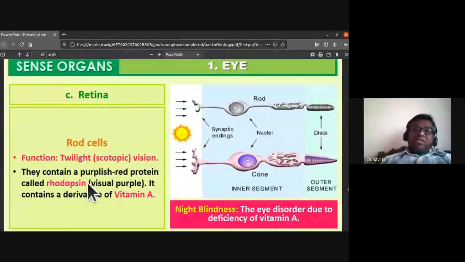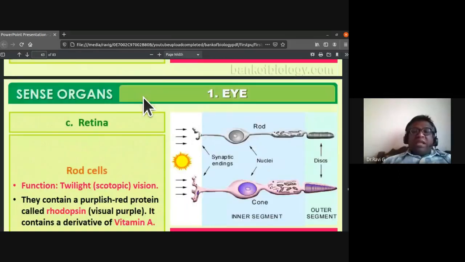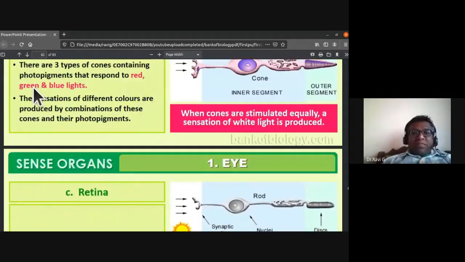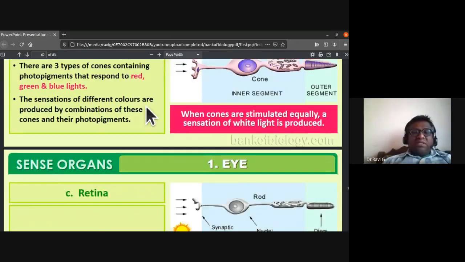So the retina also contains the rod cells. As the name indicates, they have a rod shape. Their function is twilight or scotopic vision, whereas daylight vision and color vision is by cone cells.